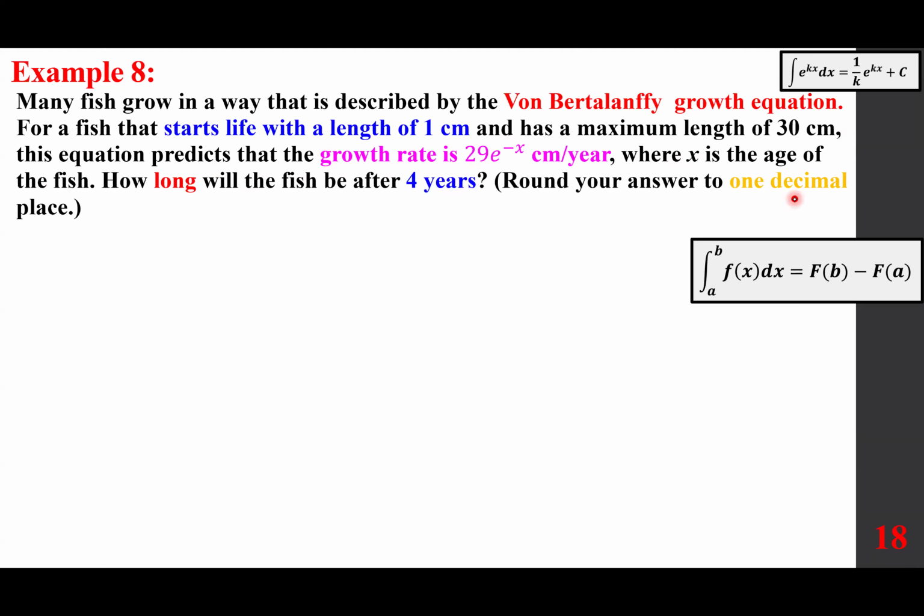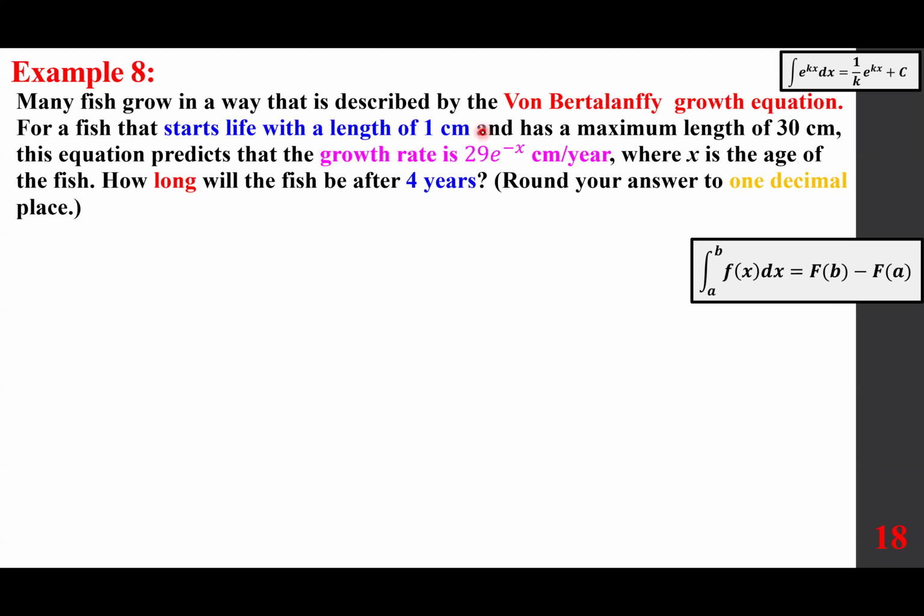Well, again, growth rate. This is the derivative of some function. So if this represents the derivative, the growth rate, then L of x, or something like f of x, we can use to represent the length.